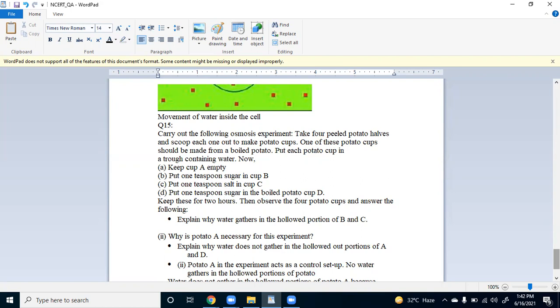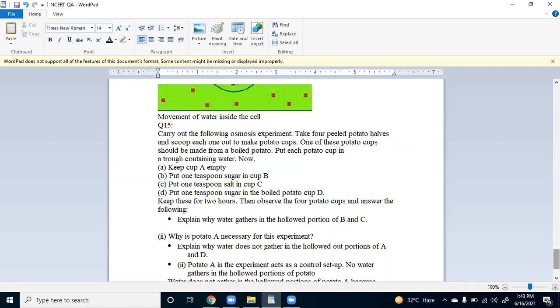So how is the experiment done? You keep cup A empty. It does not have anything in it. In cup B, you put 1 tablespoon of sugar. In cup C, in place of sugar, you put 1 teaspoon of salt.